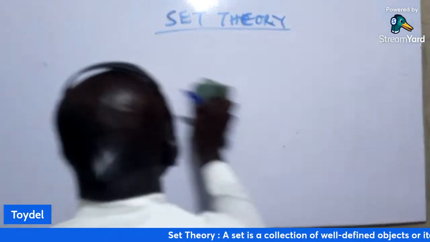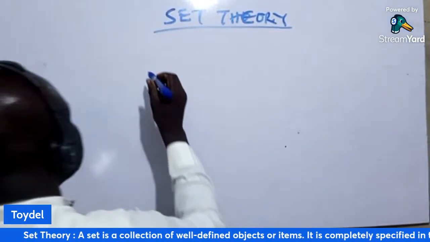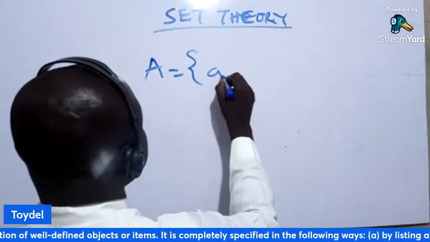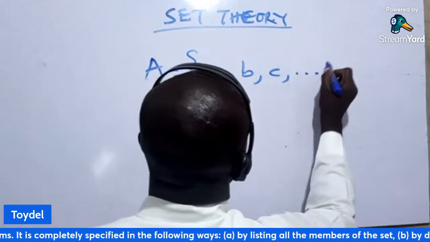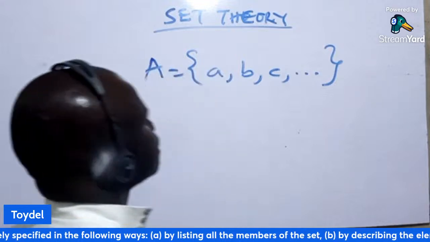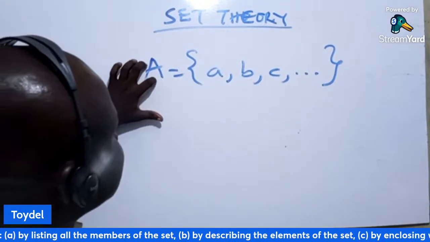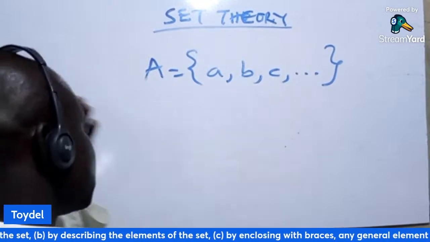So we denote a set by capital letters, and an element of the set by small letters. Whenever you want to denote a set, you use a capital letter, and the elements of that set you denote by small letters.